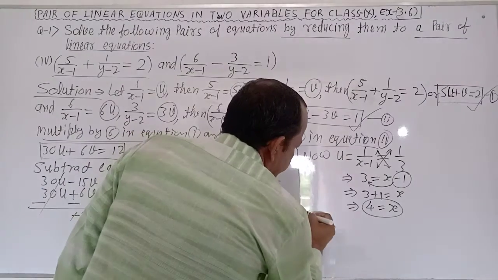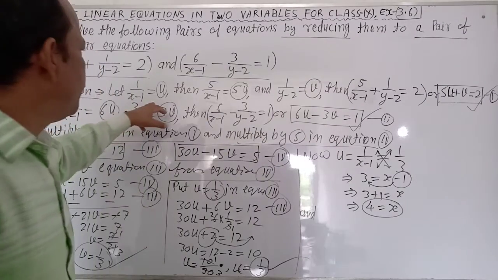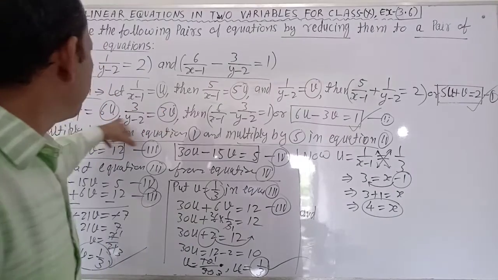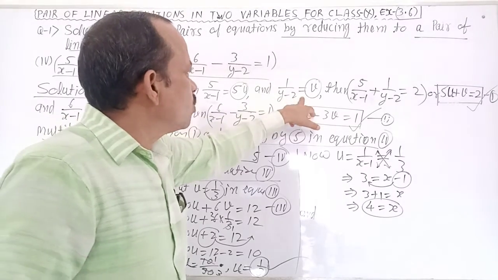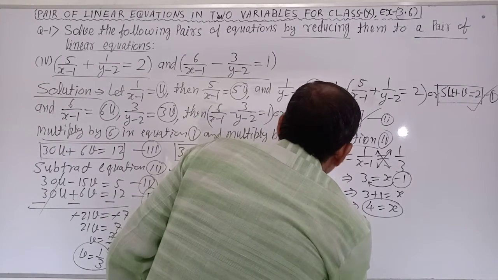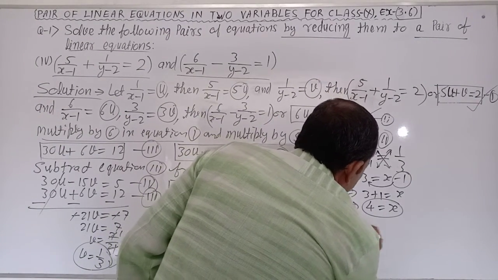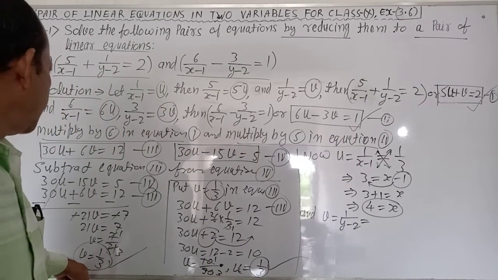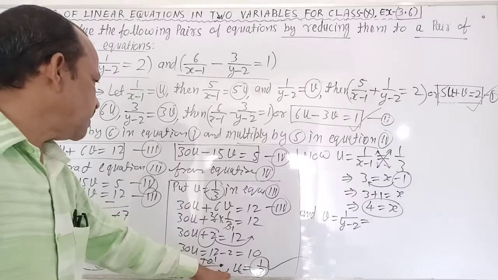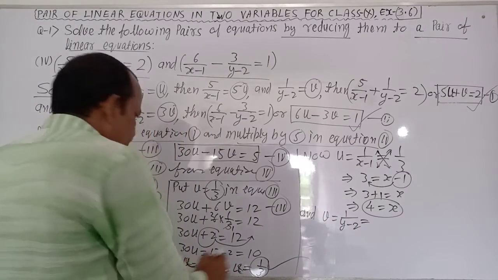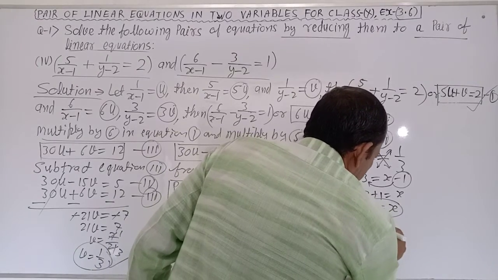And here you let v equal to 1 by y minus 2. v equal to 1 by y minus 2 equal to, here you find the value of v, 1 by 3. Clear? Here v is 1 by 3.